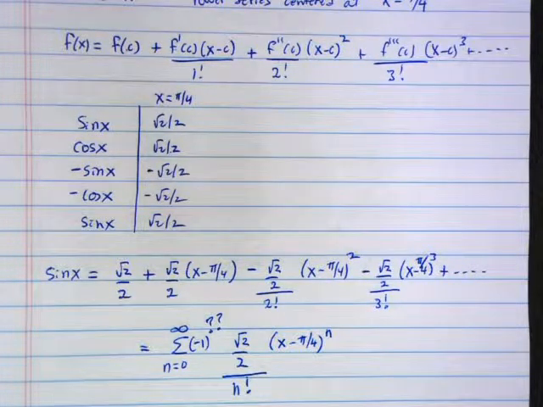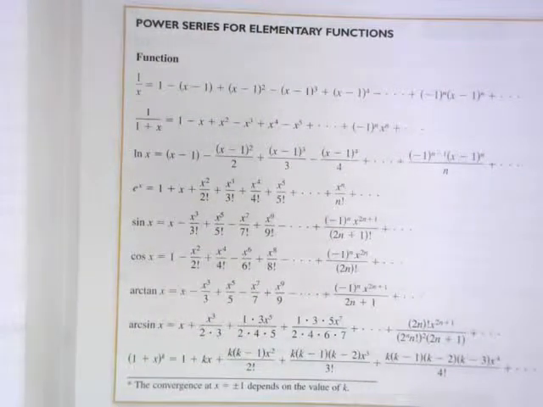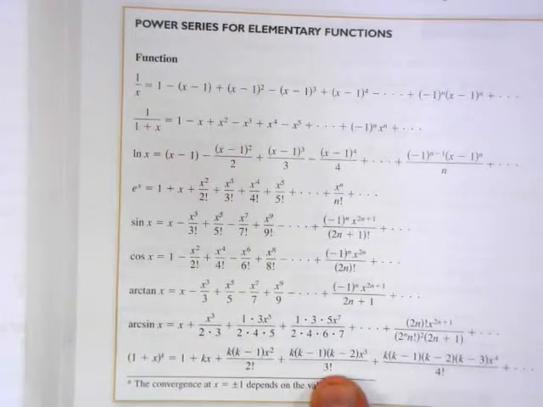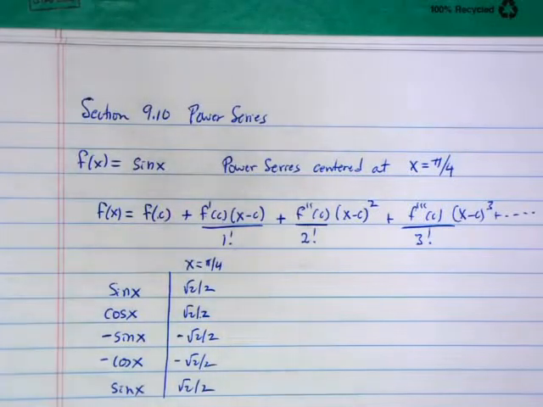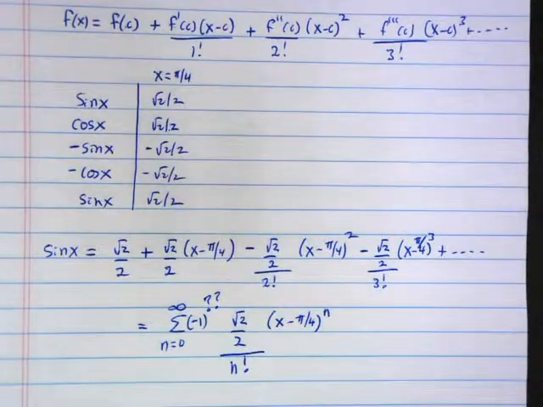Sometimes it's quite easy to write these in summation notation, like all these famous ones that we were looking at the other day. It's pretty easy to write all these using a summation notation, except for the last one. The last one, the binomial expansion, is kind of hard. Sometimes when you write down a power series, it's not so easy to write the summation notation, and I think this one's a good example. Not sure what to do with that -1 to a power.